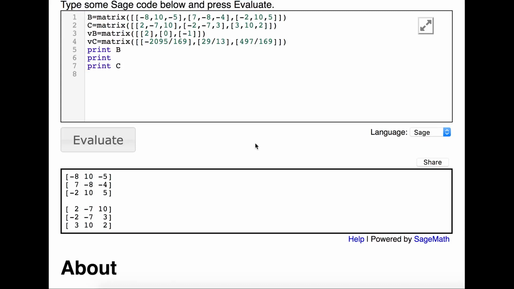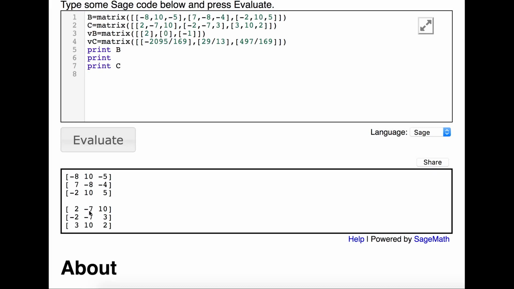So here we're just going to double check that we understand what's going on, and of course that our answer to the last question is correct. What you'll see here is I put in matrix B. The columns of B are the vectors in basis B, and it's printed out nicely down here. Up here I have the Sage code for entering matrix C, and here it is down here.